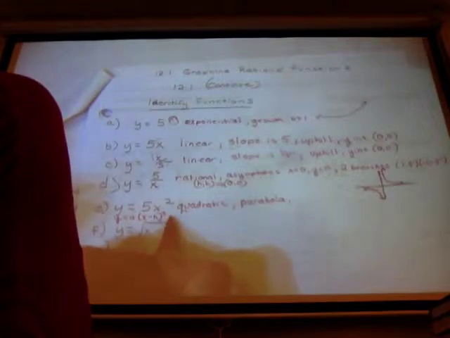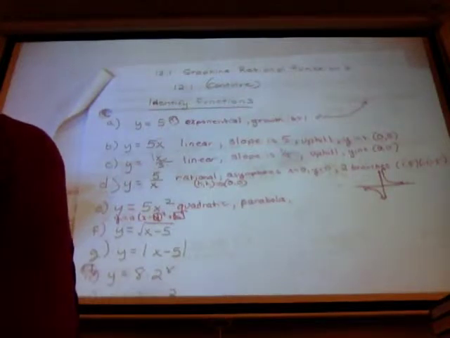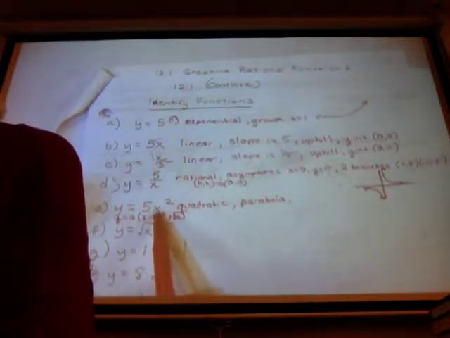If I would put it in this form, x minus h squared plus k, what are you substituting in for h and k to get there? Elliot, what am I substituting in? Is anything being subtracted from x?